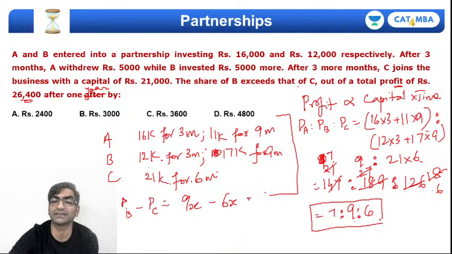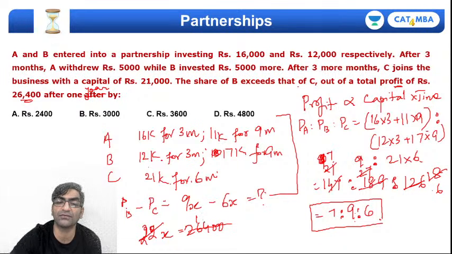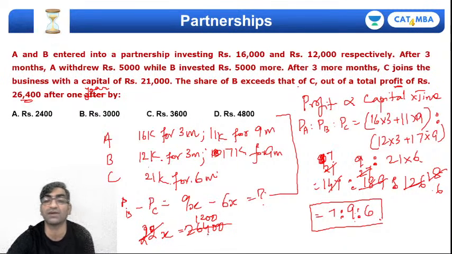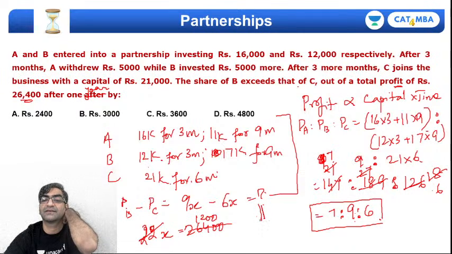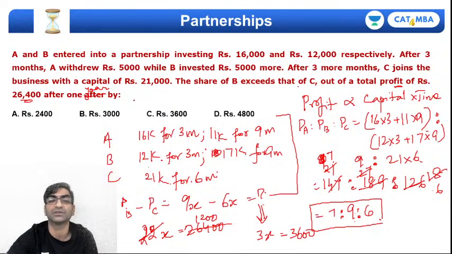It's known that the total profit, 7 plus 9 is 16, plus 6, is 22x, which is equal to 26,400, and you can see that the numbers are quite meaningful. 22 ones are 22, 4 left, 22 twos are 44, x becomes 1200. So what's the difference? The difference is 3x, so that's going to be 3 times 1200, 3600. That's option C.